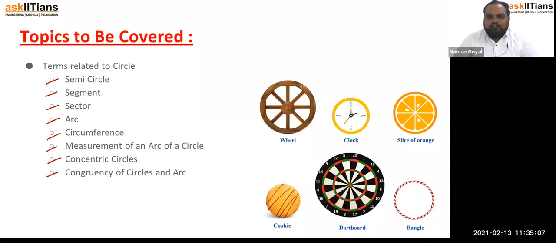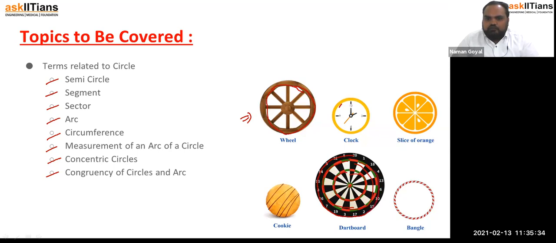See, if you see the wheel, this is a picture of a wheel. This part is a circle, right? A clock is in the shape of a circle, a slice of orange is in the shape of a circle, cookies are in the shape of a circle, a dartboard is in the shape of a circle. There are so many circles. This one circle, second circle, and there is a third circle also, right?